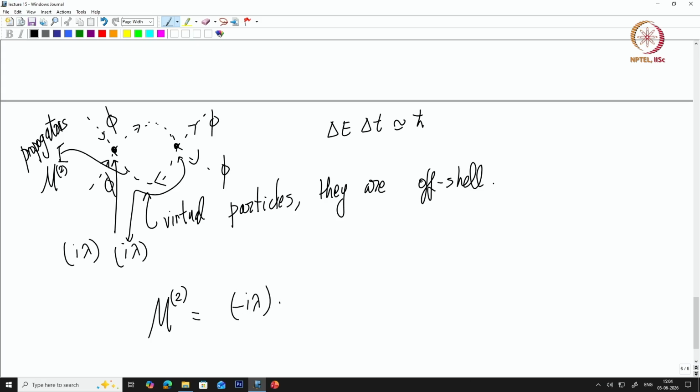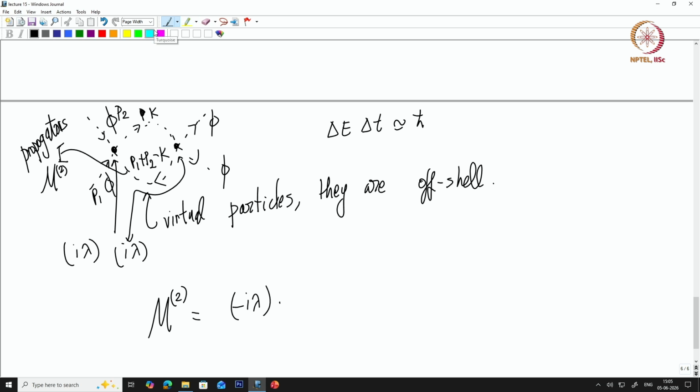But before calculating I need to assign some momenta. So P1, P2, and the internal momenta are different. If I give this line momentum k, this one would be P1 plus P2 minus k, because at each vertex, as I insisted, the energy and momentum should be conserved. I hope you see the notation.